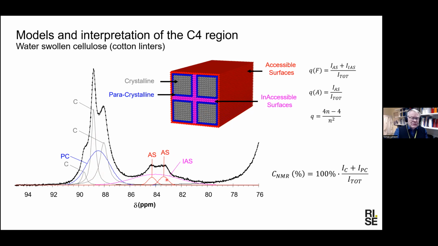There are a couple of things to say about this. First of all, and I come back to this, I won't talk about all these things in this particular slide. We have two surface signals, and that was a bit of a riddle. We have a very broad signal that comes from the interior surfaces where fibrils are more or less in contact.